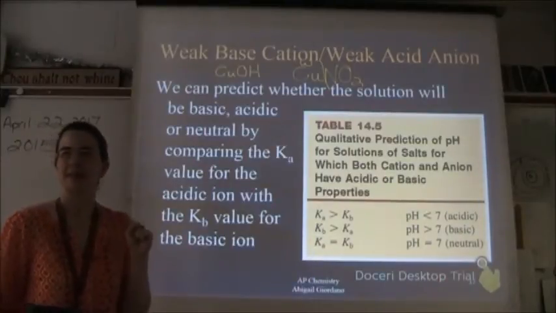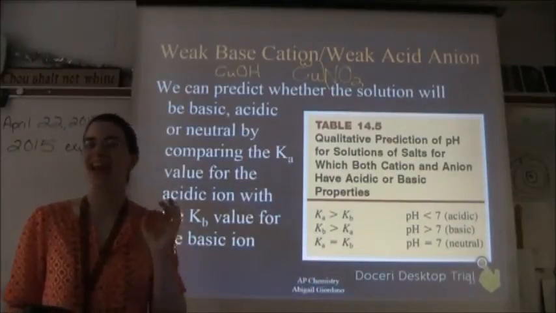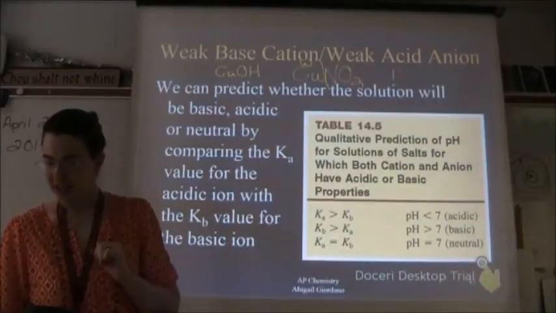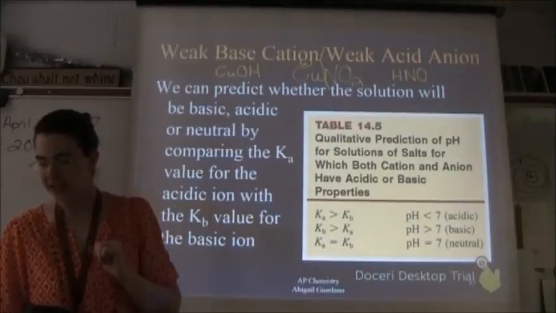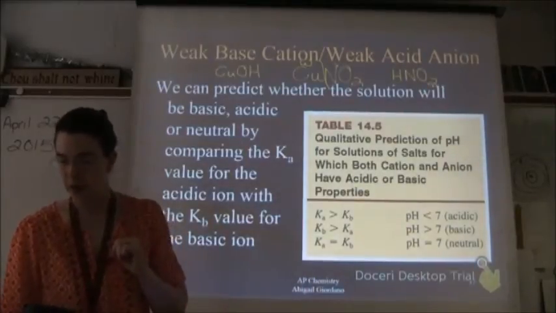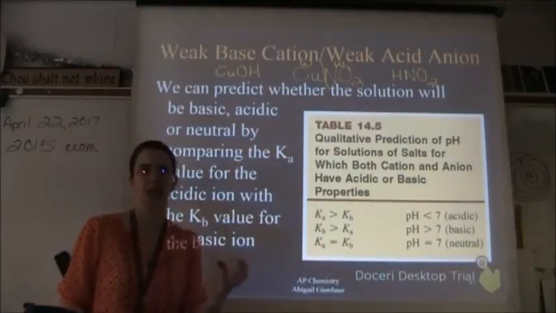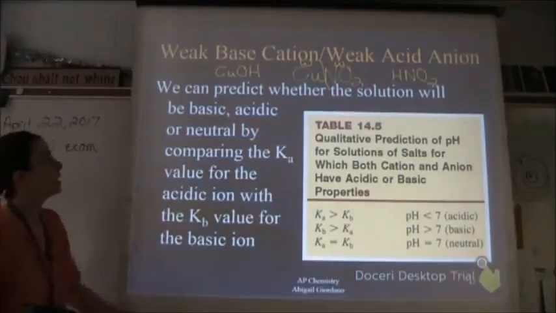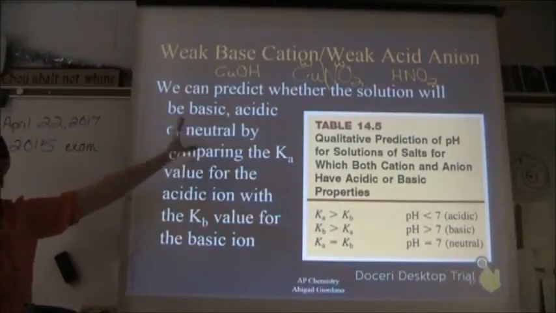What acid is that? Nitrous acid. Not nitric. Is nitrous one of our strong acids? No, it isn't. What's the formula for nitric acid? HNO3. Good.